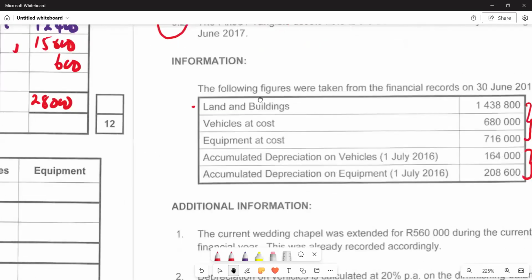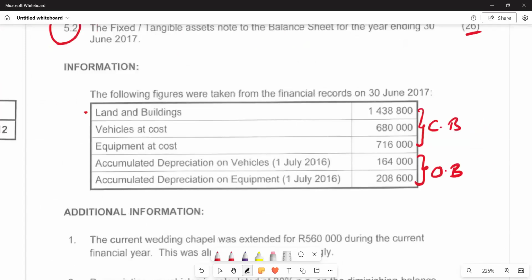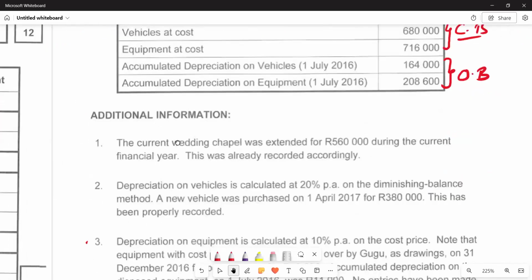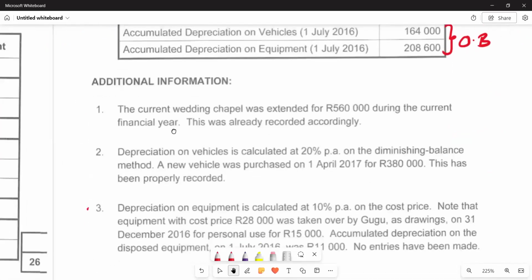The figures that we are given as our costs are the closing balances, which means they are at the end. So, starting with buildings, we have 1,438,800, but we go to the additional information to see if there's anything that transpired during the year that led to that closing balance.